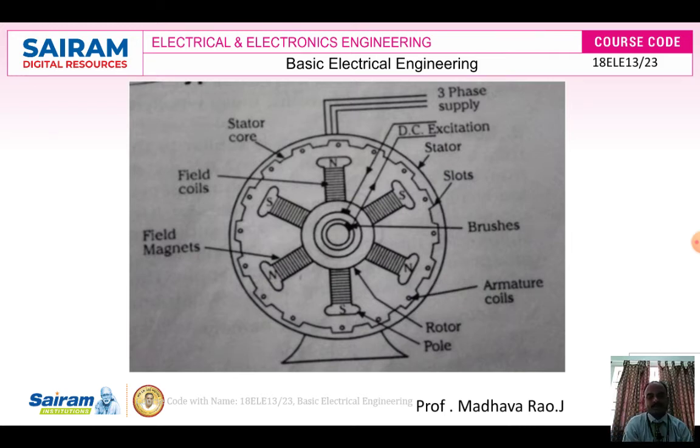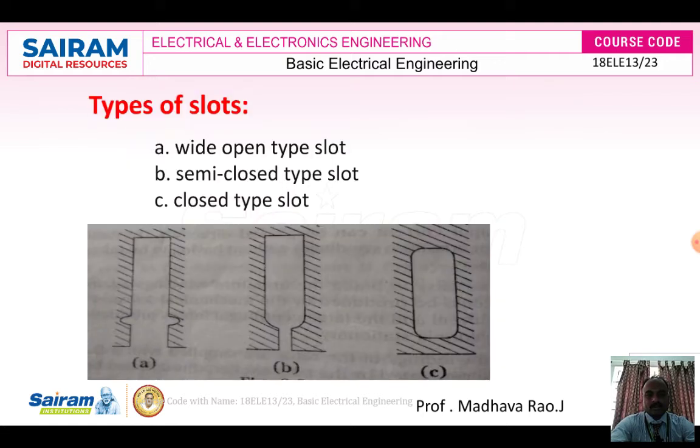The brushes are used to collect the current from the field coils. Slots are used to place and arrange the armature winding on the stator. Without excitation, EMF will not be generated in a synchronous generator. There are also field magnets, field coil, and stator core. So this is the construction of a synchronous generator.